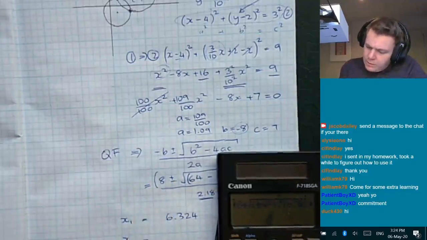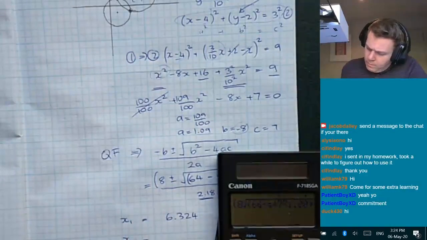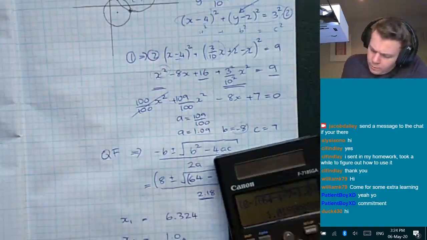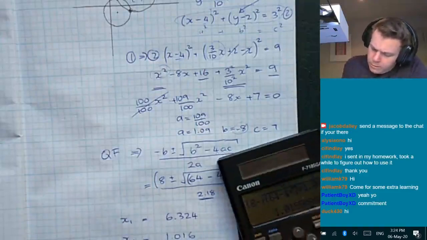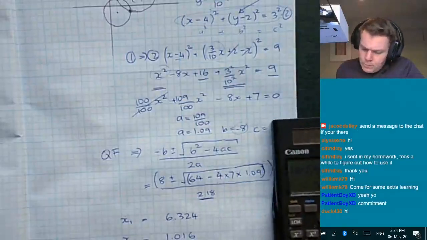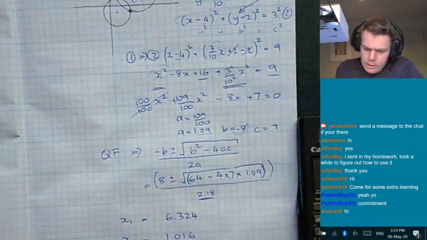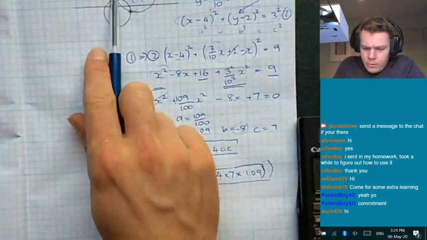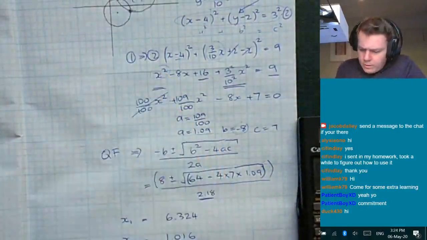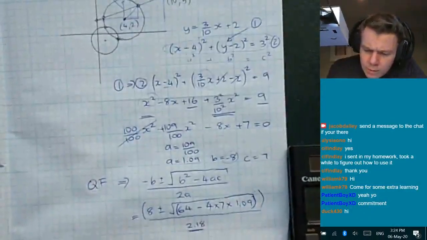So you can just skip back through in your calculator. 1.016 for significant figures. Alright, so that will correspond to that one, and that will correspond to that one. And that looks about right.